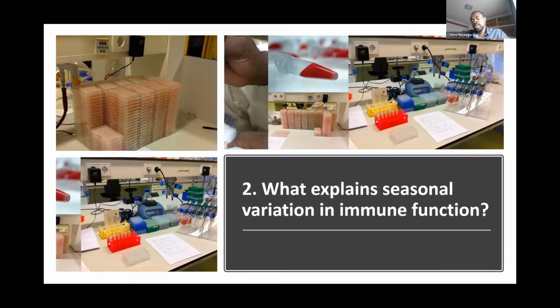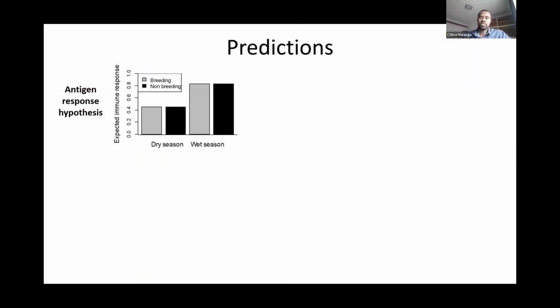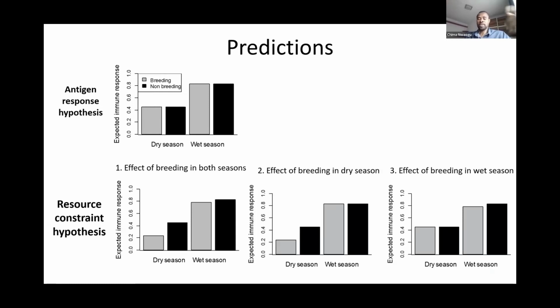So let's quickly go into immune function. What explains variation in immune function? Remember, I talked about the antigen response hypothesis and the resource constraint hypothesis. Under these two hypotheses, you have different predictions.